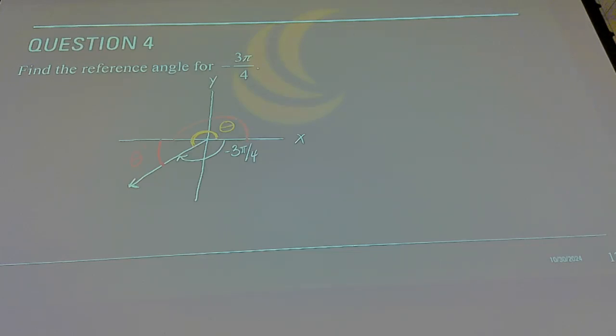In this case, notice what the relation is. Our coterminal angle would be 180 degrees plus the reference angle.